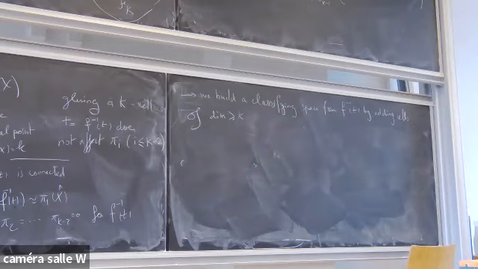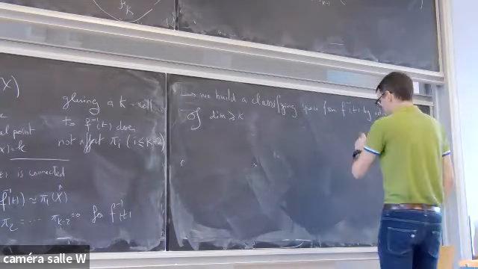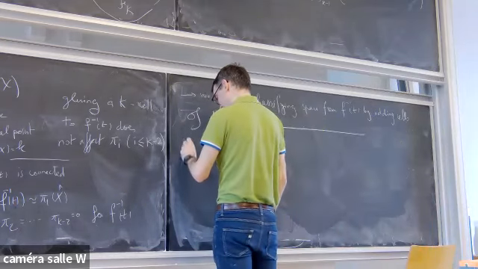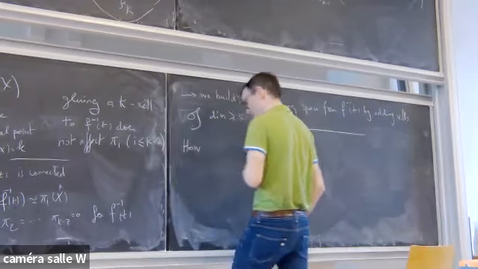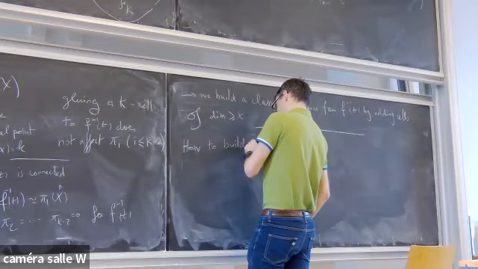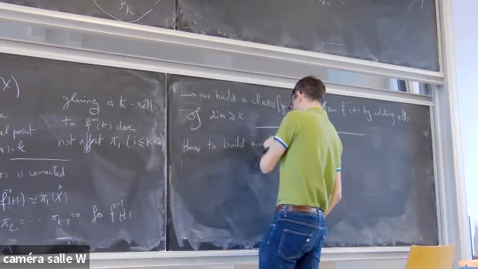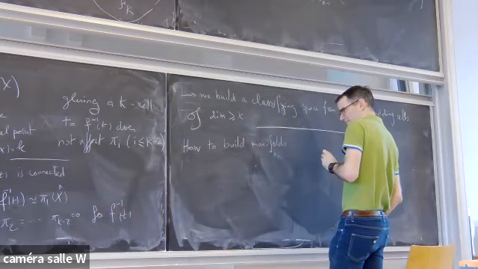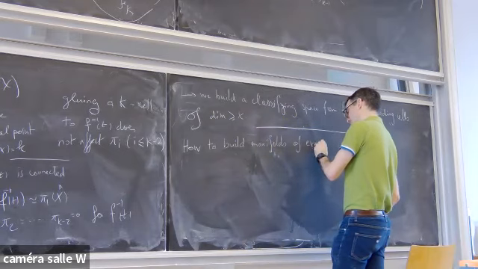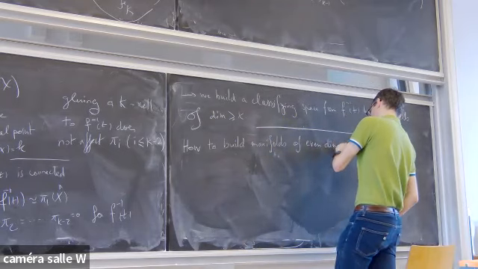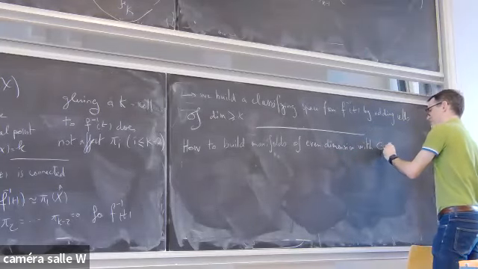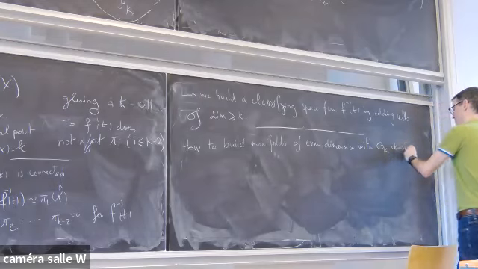Okay, so now the end of the proof. This is when some complex geometry will show up. So how to build a manifold of even dimension with this open set, which is big.